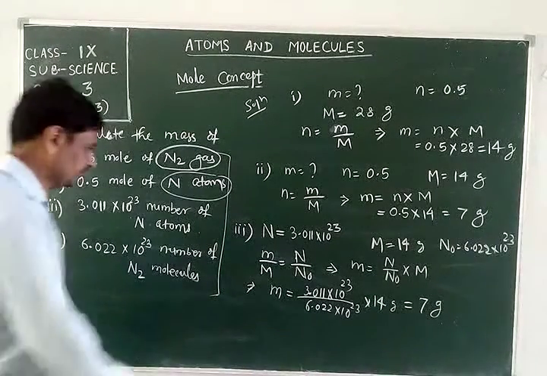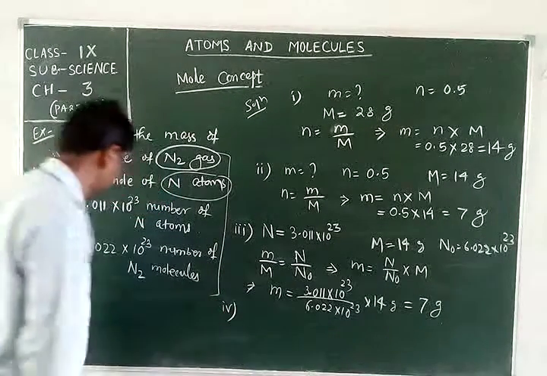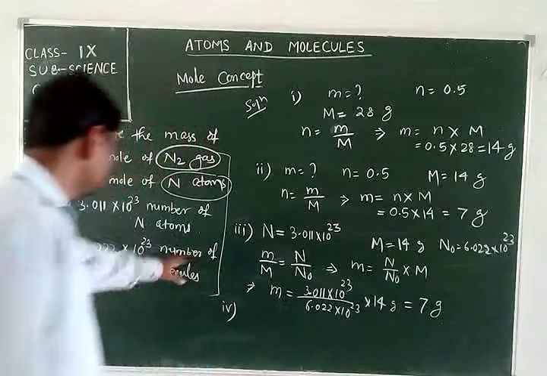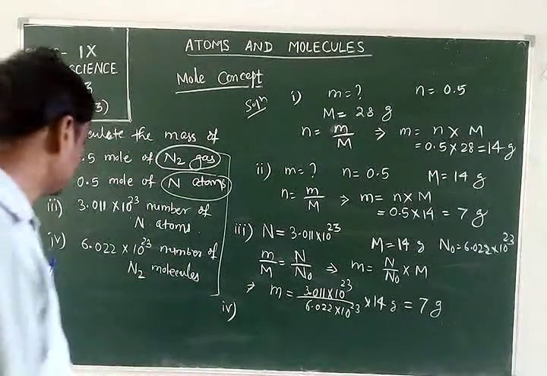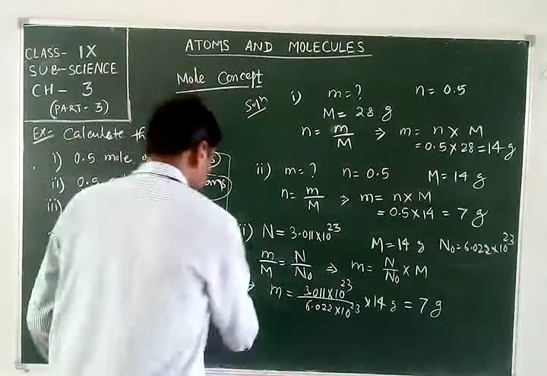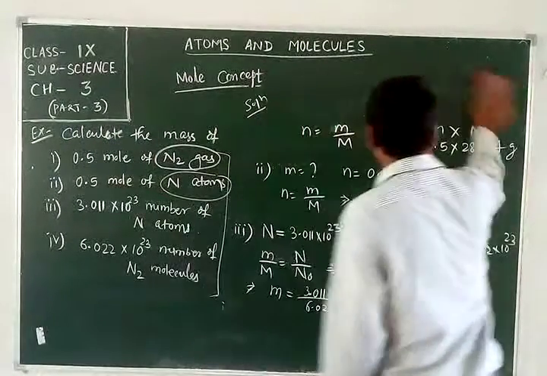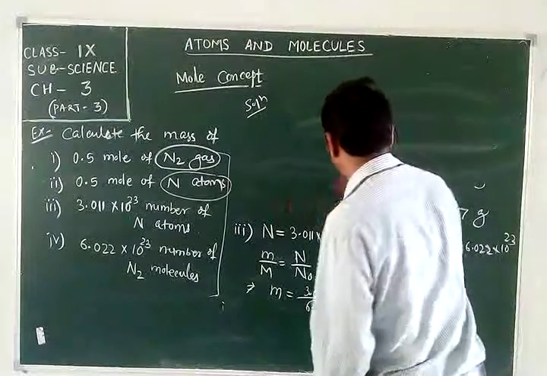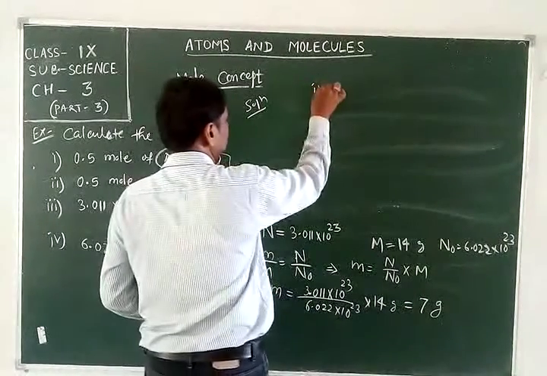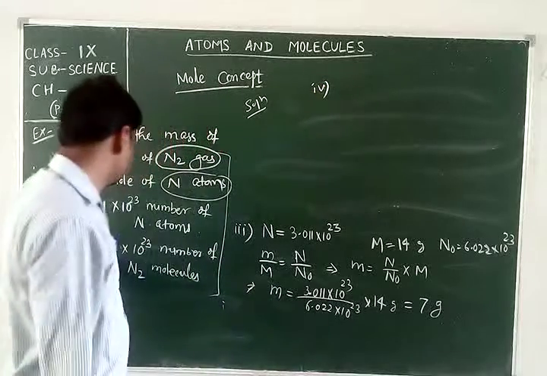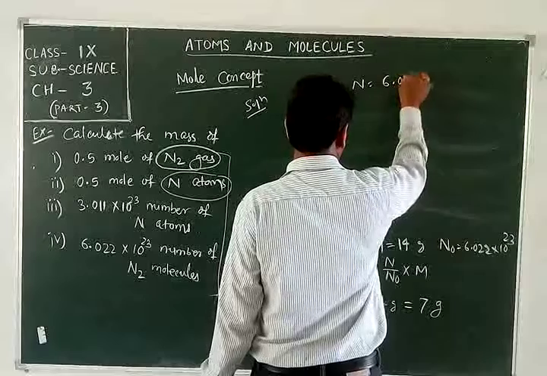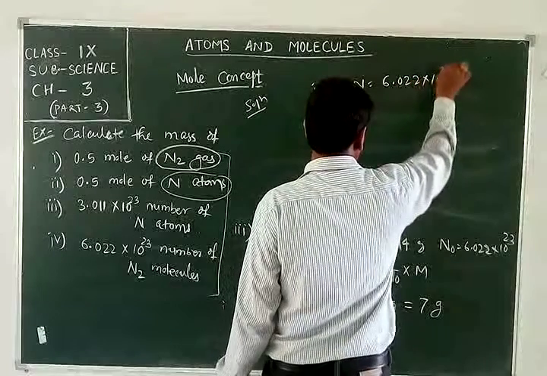And fourth bit, it is given 6.022 into 10 to the power 23 number of nitrogen molecules. The number of particles is 6.022 into 10 to the power 23.